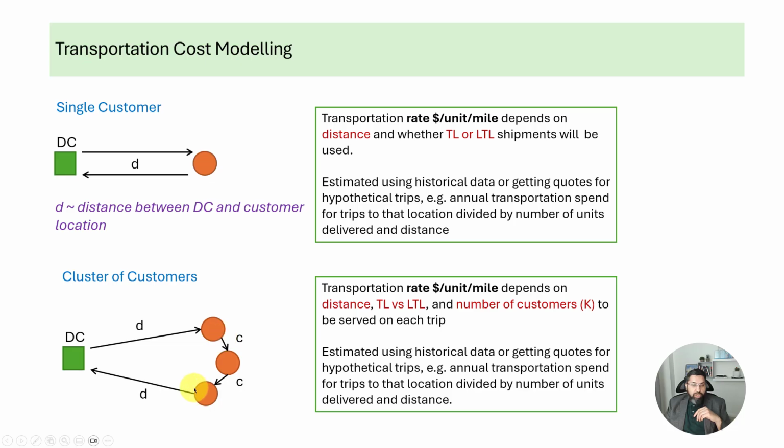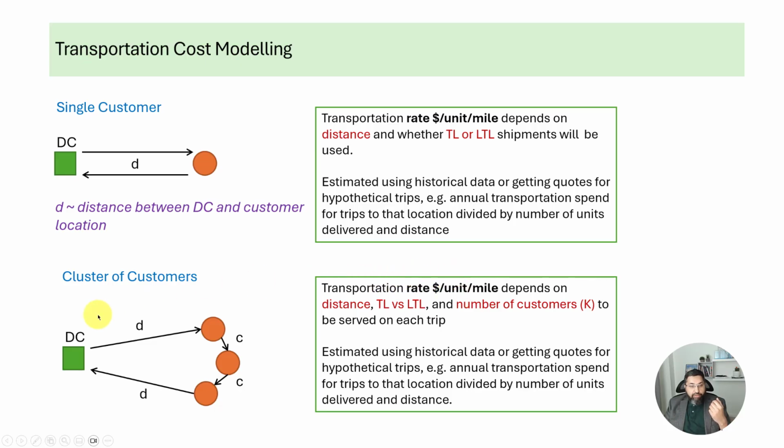Because the more customers you have to hit, the more cost it will be, because the truck has to stop and be offloaded and then travel to the next customer. And so again, you can use historical data if you've already been doing some of these deliveries. You can say, okay, historically, if my DC is in this city and customers are in this zip code or this county, and on average my truck does 5 stops, hits 5 customers, then on such a trip my average cost is this much, and then you can determine the transportation rate.